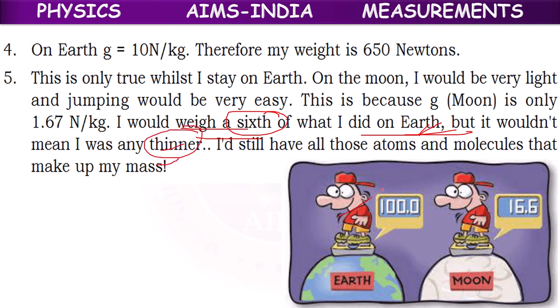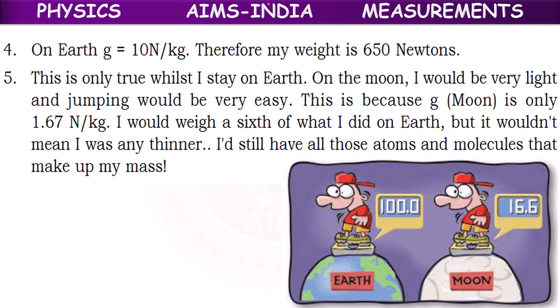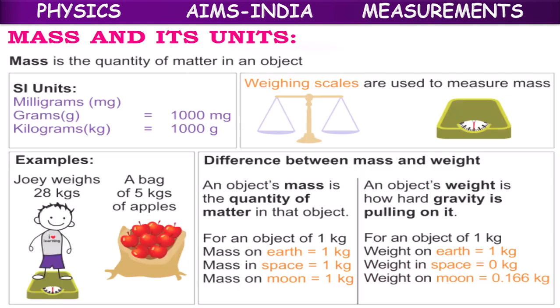No. My size on the earth and on the moon is the same. But because of the gravitational field strength, if my weight here shows 100, there it will show 16.6 only. But the atoms and molecules that make up my mass won't change. So this is the main difference between mass and weight.